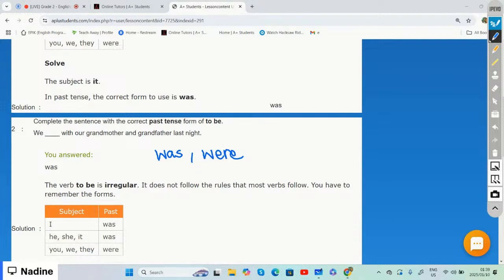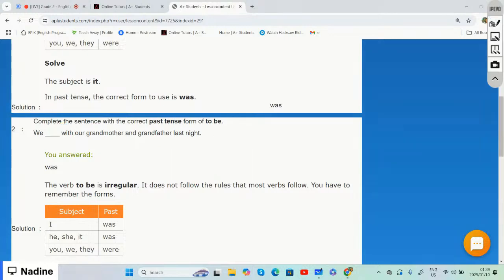And if we were to choose the correct option, then yes, well done. We were with our grandmother and grandfather last night. Were is correct because it refers to more than one person.